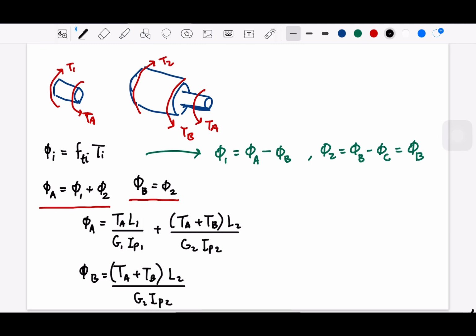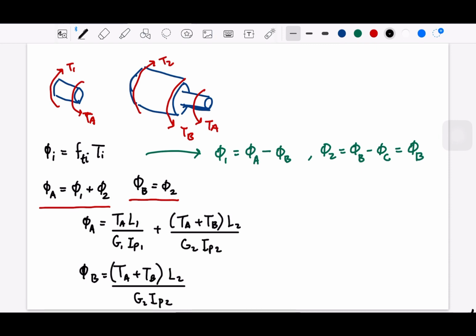You could write it directly with this formula or with this formula, which may be simpler to calculate. From this part we get the relations between the twisted angle for material 1 and for material 2.